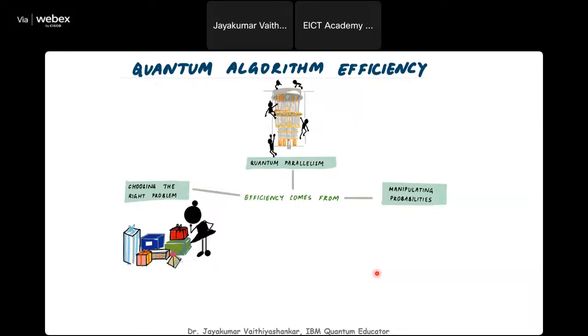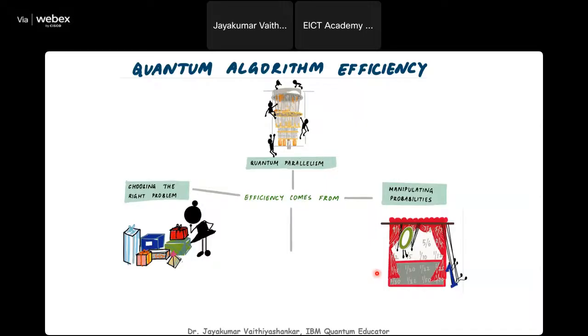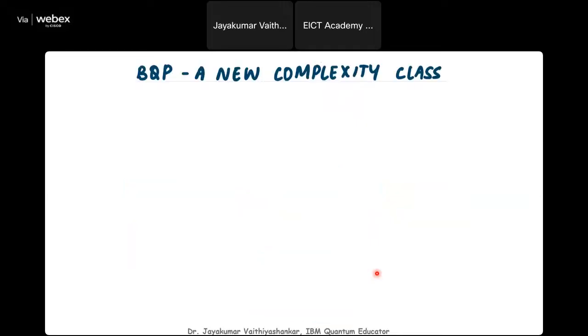Most of the time we know the answer, and we do trial and error, right? So we need to manipulate our amplitudes in order to get the correct solution. For that, you need to use two principles, superposition and entanglement. This is the quantum domain we need to focus on.